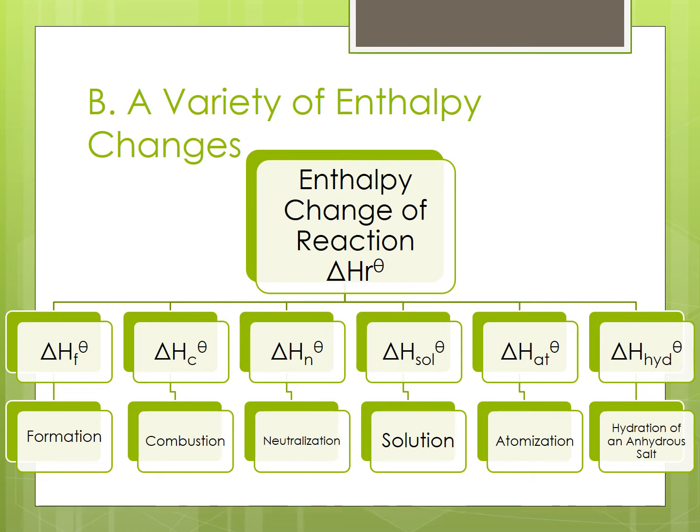So the most common two are the first two. Formation reactions. It's very, very, very important to understand how a formation reaction is produced. Combustion is also a very important enthalpy reaction that you need to understand. The other ones are not as common, but also important, especially if you move on to other chem courses.